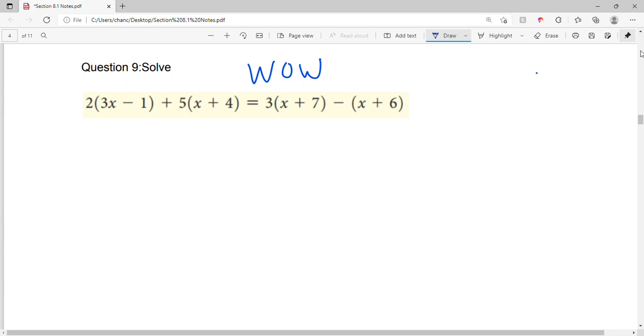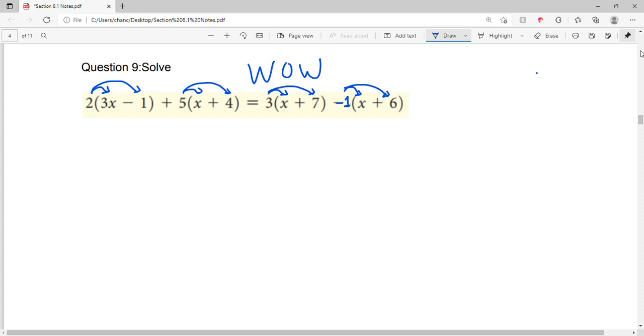So let's get started. Again, I want to get rid of all of these parentheses by using distribution first. We'll distribute the 2, the 5, the 3, and here we have a negative in front of the parentheses, so I will pretend this is a -1 that I need to distribute.